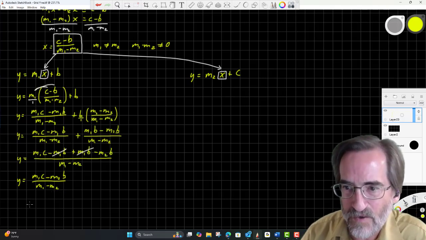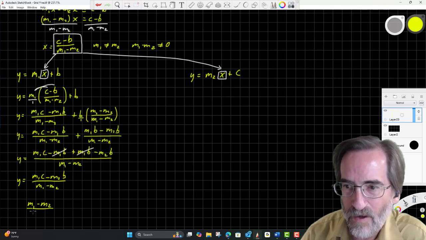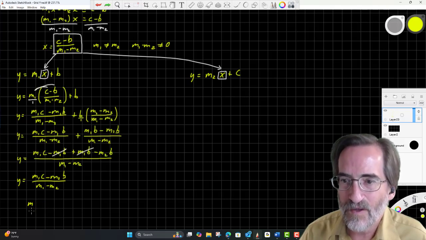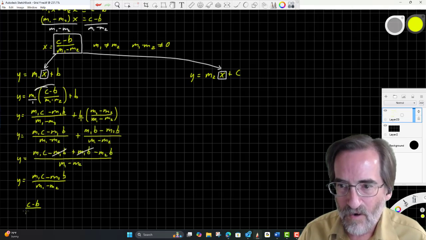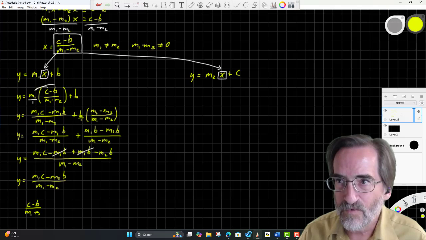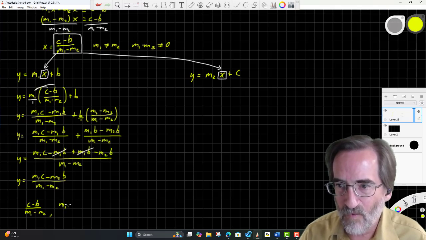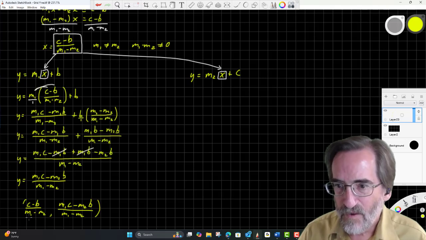Our point of intersection is the x value, (c minus b) over (m1 minus m2), comma, and the y value is (m1c minus m2b) over (m1 minus m2). Okay, that's the point of intersection.